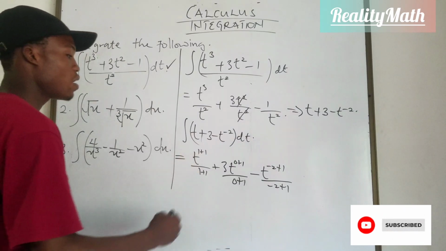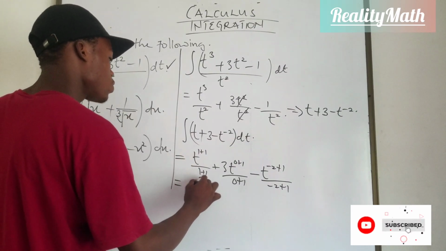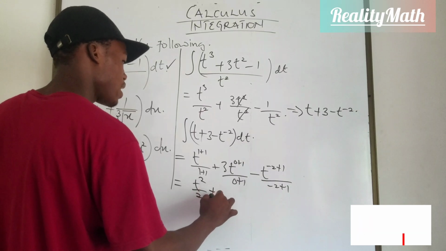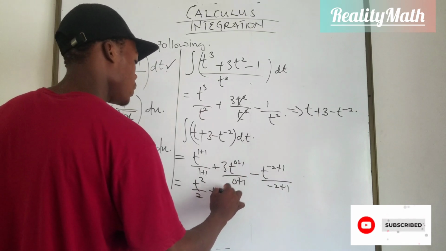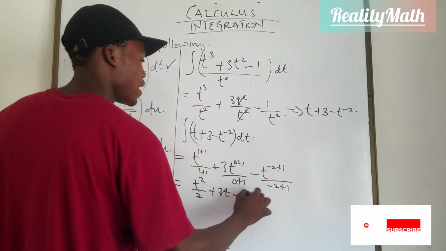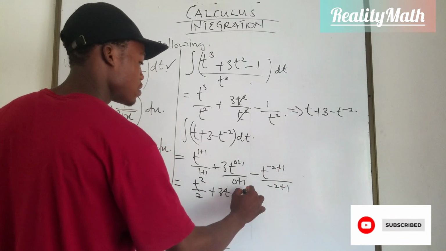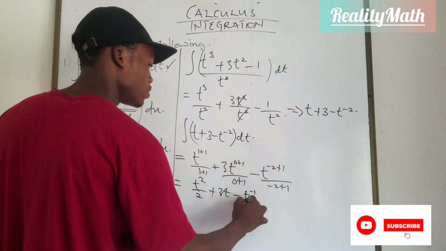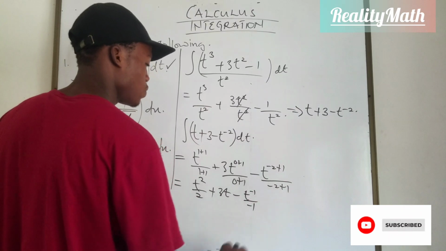So here what do we have? We have t squared on 2 plus 3t minus, what would this one give us? t to the power minus 1 all over minus 1.